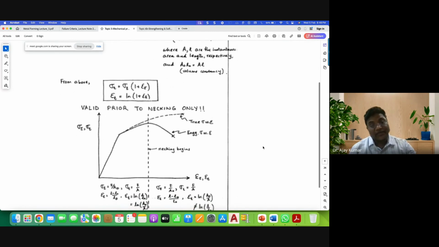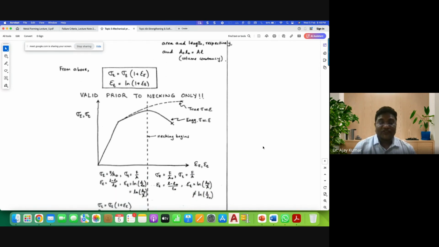You also need to understand necking. I mentioned that the mechanical instability starts from the UTS point. If you compare true stress versus engineering stress, true stress will be more than the engineering stress. This is how you calculate the engineering stress and compare with the true stress.